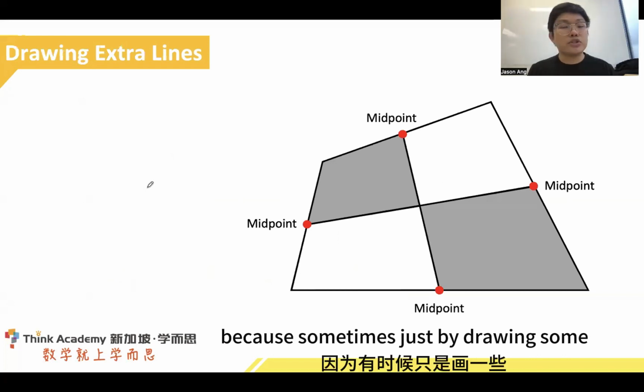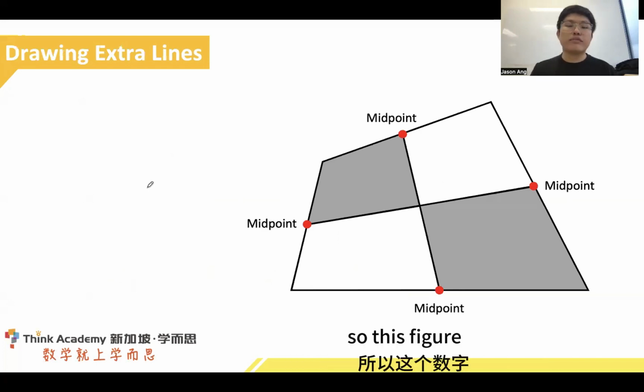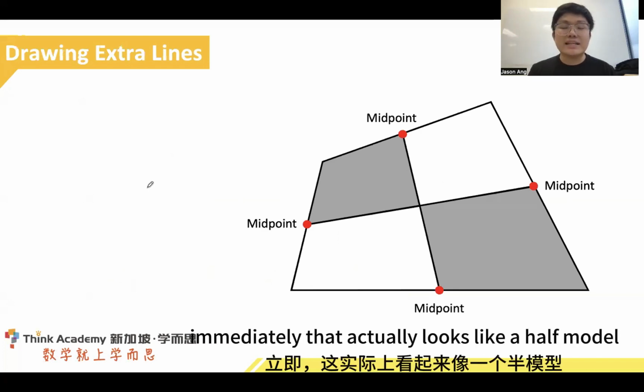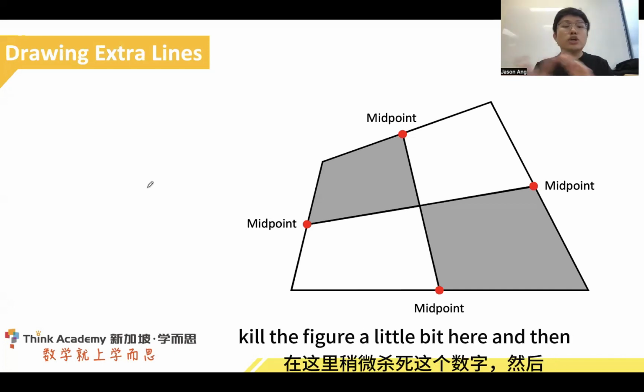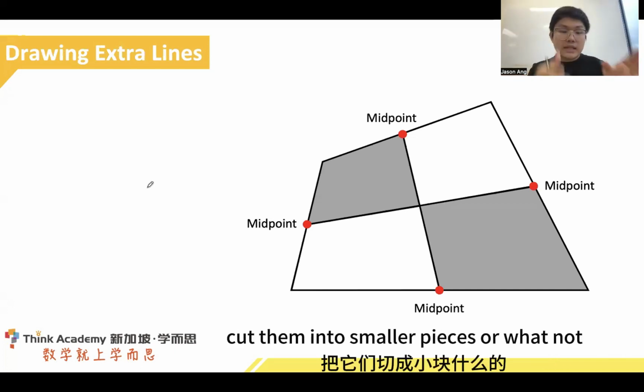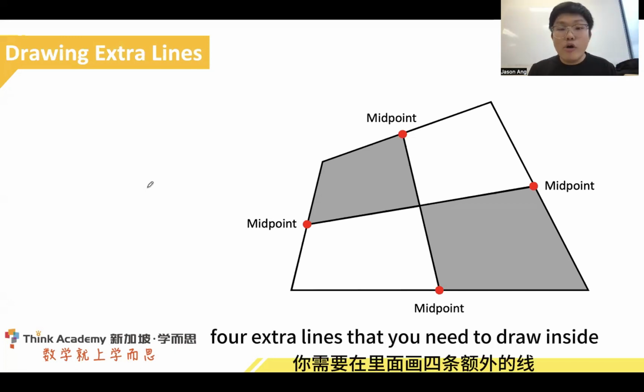Because sometimes just by drawing some extra lines on the figure, we can actually tell that this is going to be a half model question. So this figure may not look immediately like a half model. Maybe some of you will be like, yes, tilt the figure a little bit here and there, cut them into smaller pieces or whatnot. I'll tell you, there are just 4 extra lines that you need to draw inside.